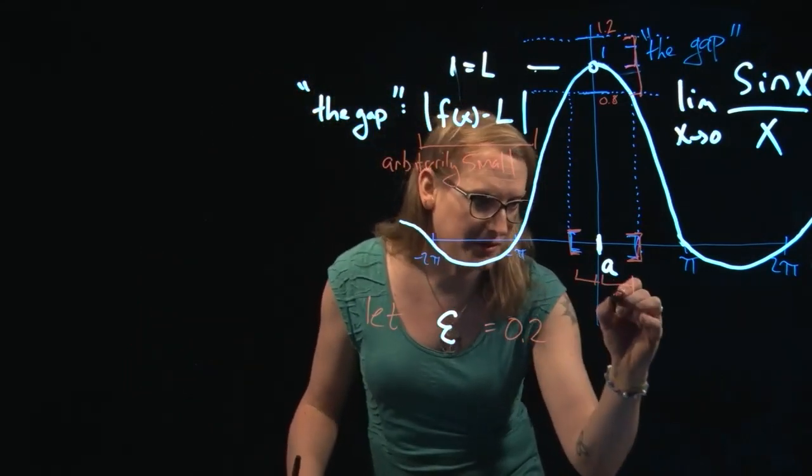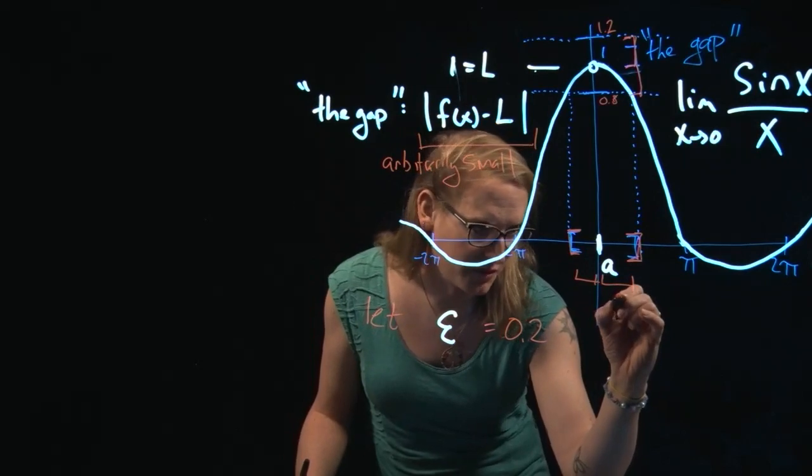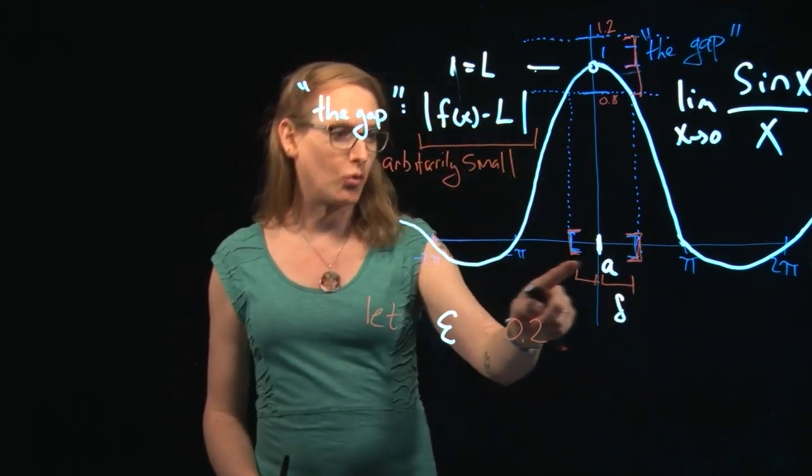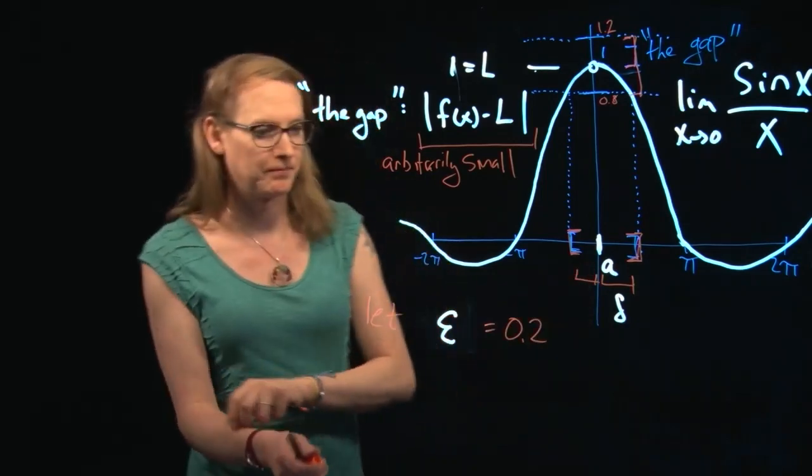And it's not a capital delta, it's a lowercase Greek d. So this is the distance away you get to be from A.